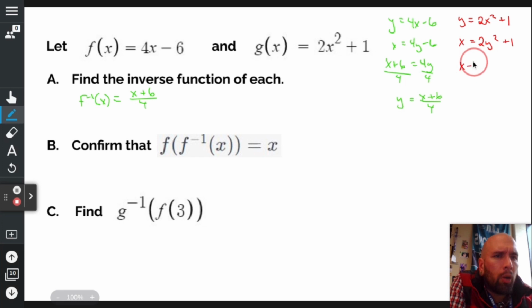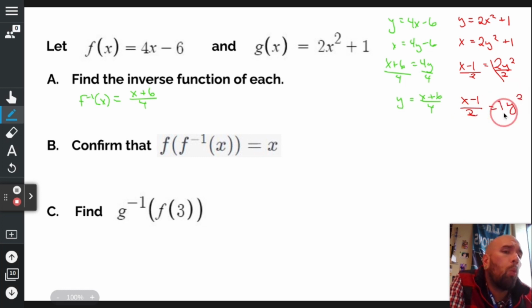Subtract 1, subtract 1. So x minus 1 equals 2y squared. Divide everything by 2. Cross out. So I have x minus 1 over 2 is going to equal y squared. In order to solve for the y, you have to square root both sides. Don't forget your plus and minus.